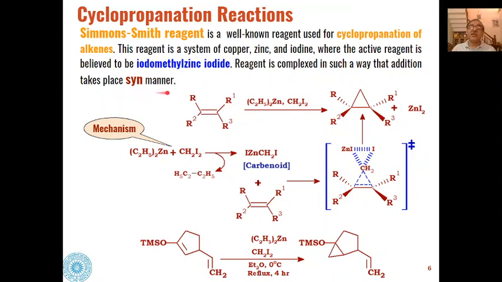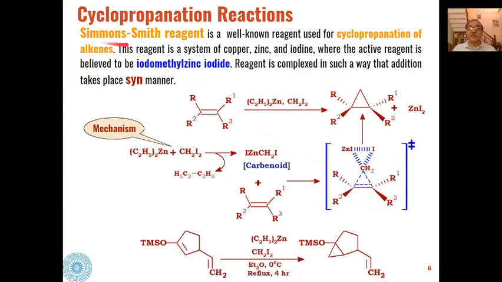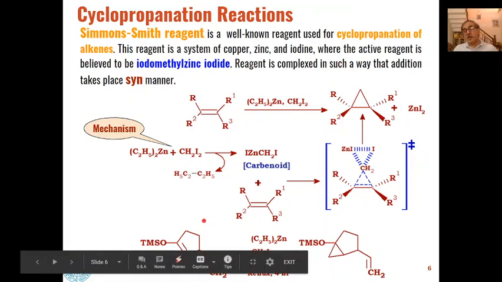The addition takes place in a syn manner, because this will add only from one side of the molecule. So the Simmons-Smith reagent will give us syn products of cyclopropanation.